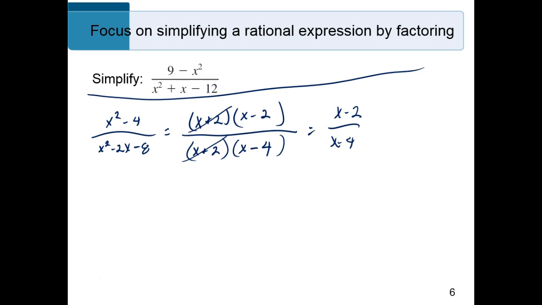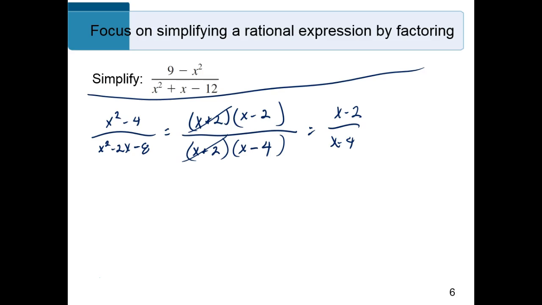If you could factor it out, that's what we could do, because you can only divide out things that are multiplied. Are those multiplied? No. They're subtracted. So resist temptation. Don't try to take out the x's. That would be a gangster move. Or take out the 2's. That would be a gangster move.